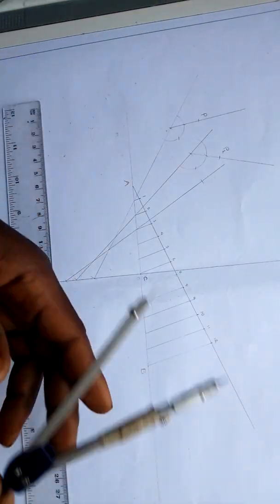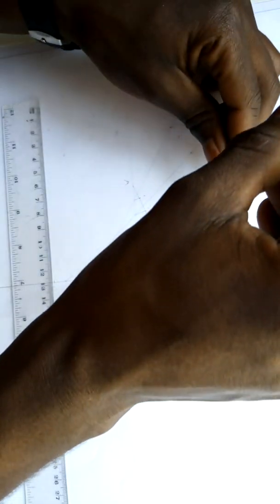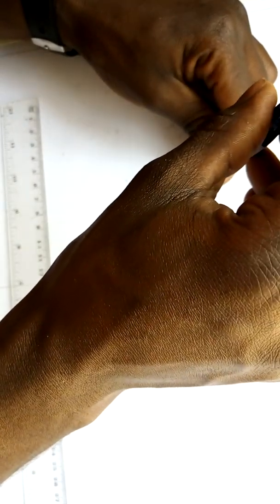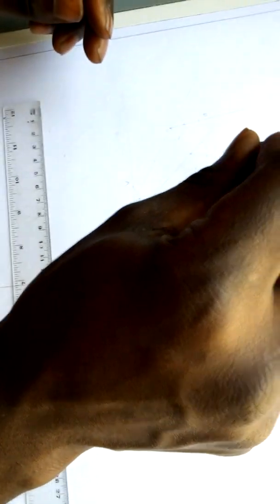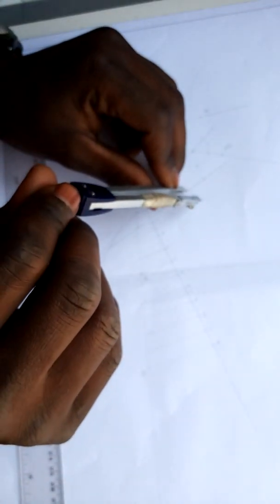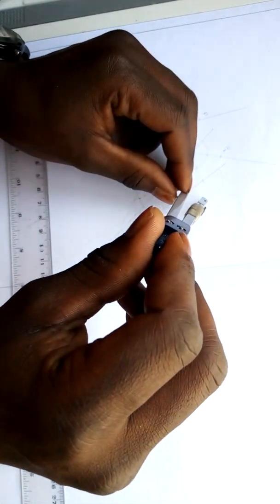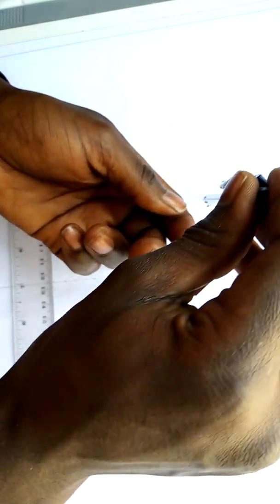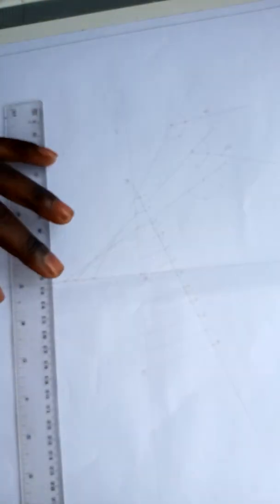Having done that, then from the same compass, construct your angle of 120 degrees like that. You stand on this point, you strike an arc there, then stand on that point, you strike another arc.